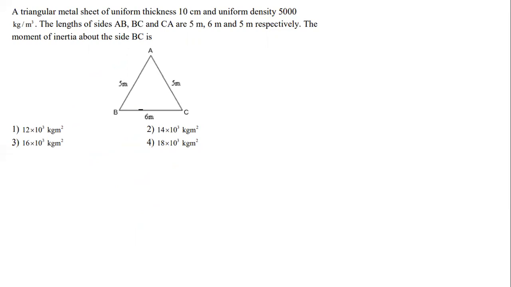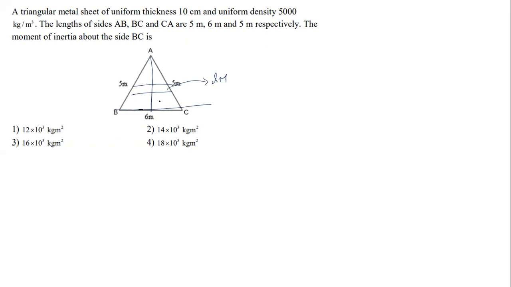We need to find the moment of inertia about BC. So you take a small strip here, and the small strip mass you take as dm. The total height, you take it as h.